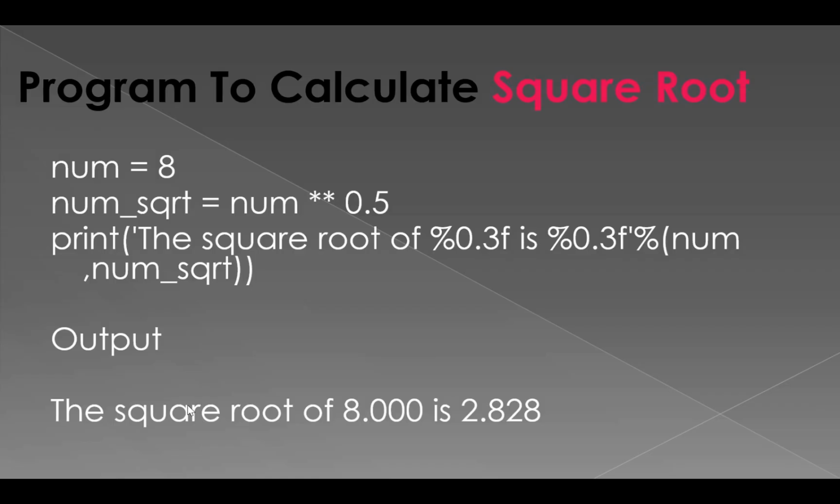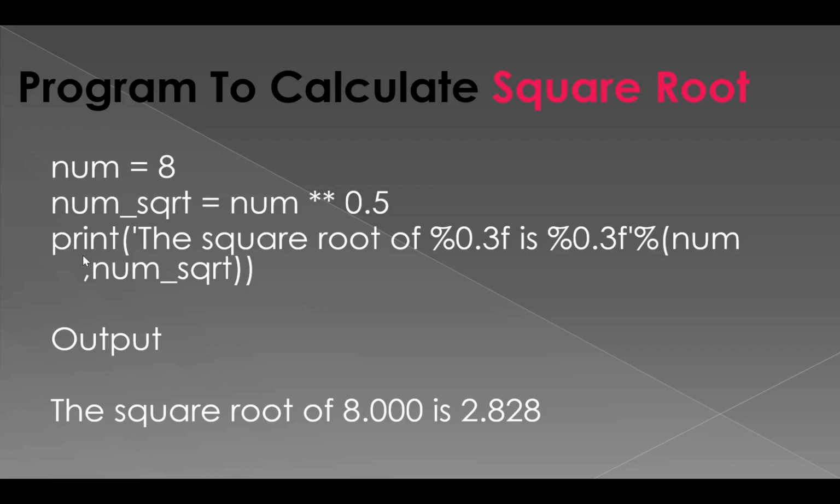Similarly, if you want to find the square root, I have taken the constant value num equals 8. So I want to find the square root of the number 8. You can use the input function also to take the value from the user. Now in num underscore sqrt, I have written the formula num double asterisk 0.5. In the arithmetic operators, I told you that if you have to write the exponent or the power, you have to write the double asterisk sign.